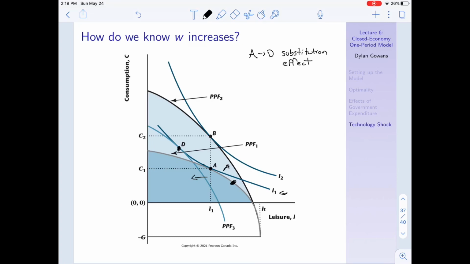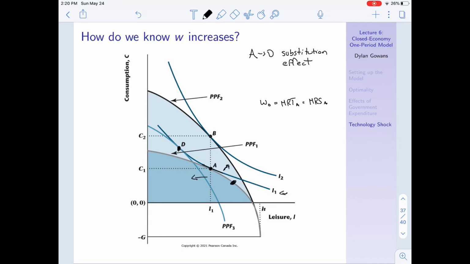It's given by the tangency of the PPF there, which is equal to the marginal rate of substitution at point A. Okay, so W0 is equal to the marginal rate of transformation at point A, which is equal to the marginal rate of substitution at point A.